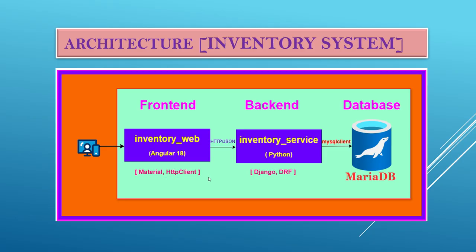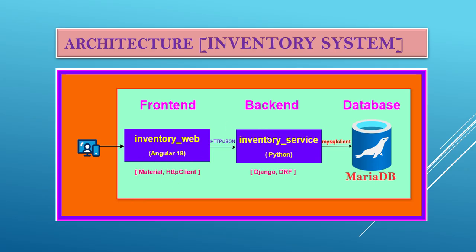With the help of Angular Material library, we are also going to implement some advanced functionalities like searching, sorting, pagination. Apart from that, we are going to use HTTP client to connect with our backend REST APIs. This is about the front-end application which we are going to create using Angular 18.